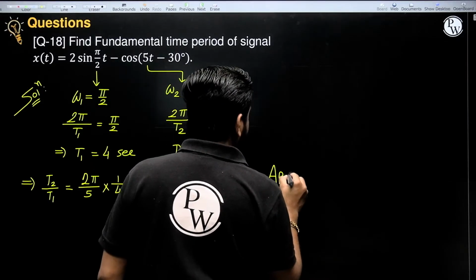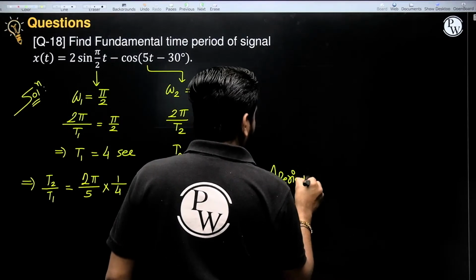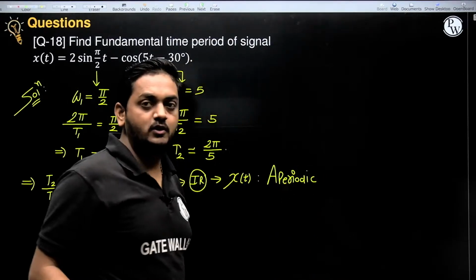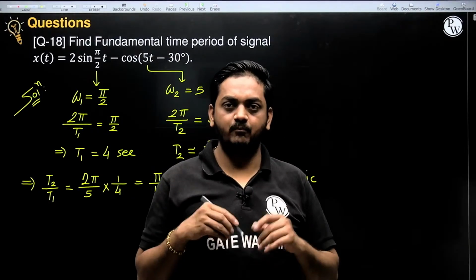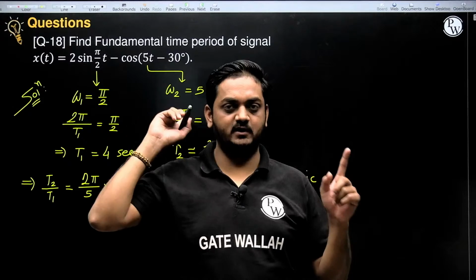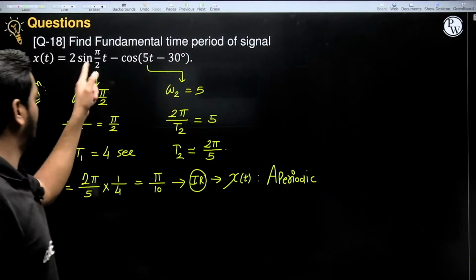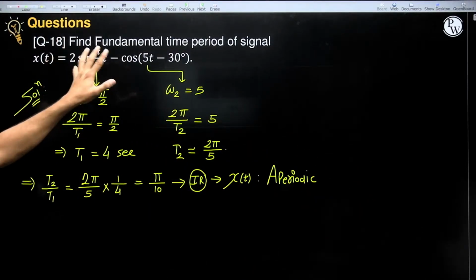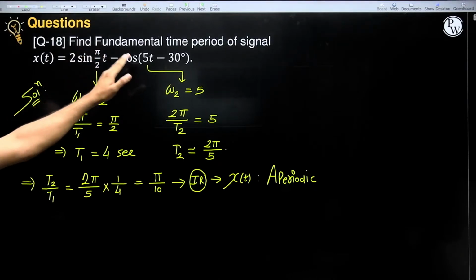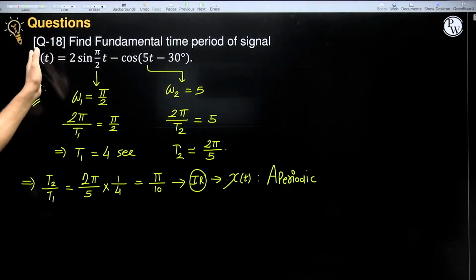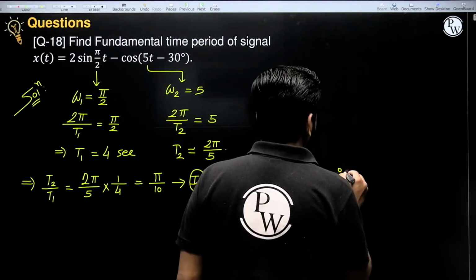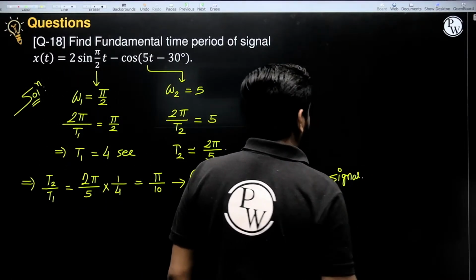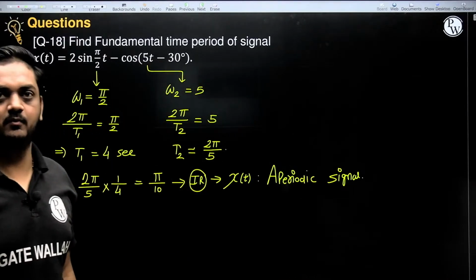So I told you, in continuous time, all the continuous time signals are individually periodic, but the combination may or may not be periodic. As you can see here, we got an aperiodic signal. So not always periodic. This is a very important conclusion that you have to remember.